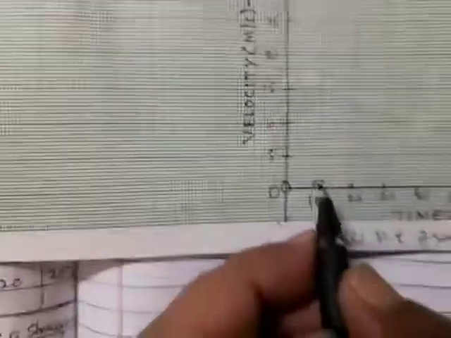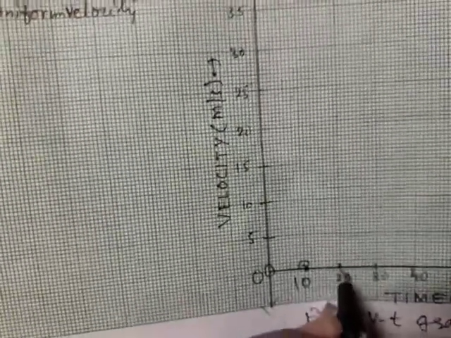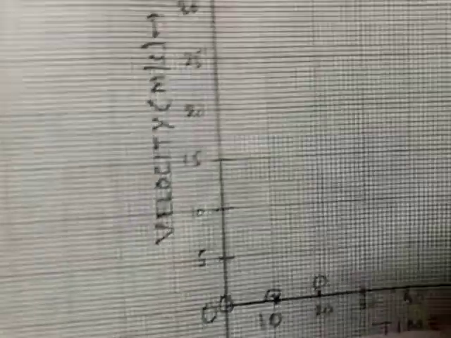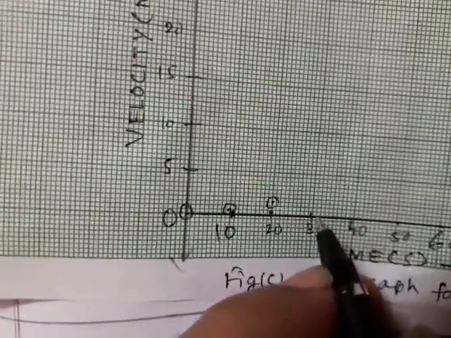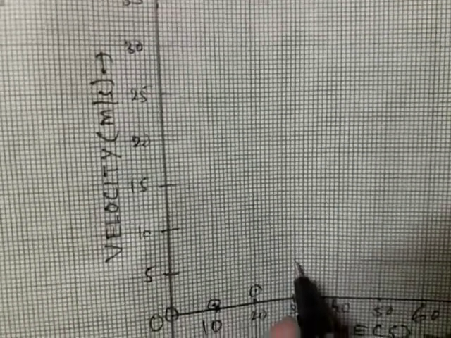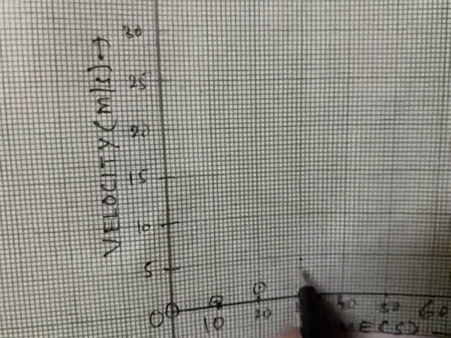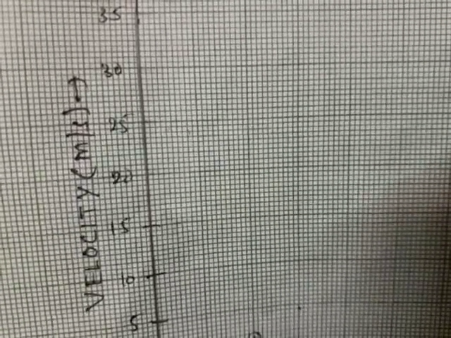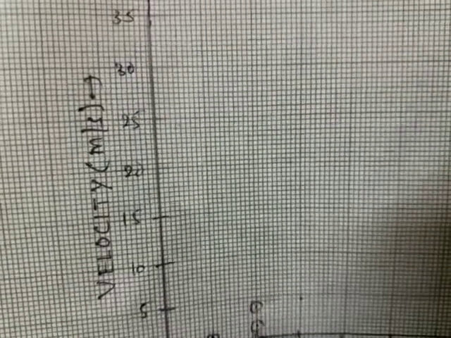After the 20th second the velocity is 4, so the point is here. Next, after 30 seconds the velocity is 9, so 9 will be just below 10.